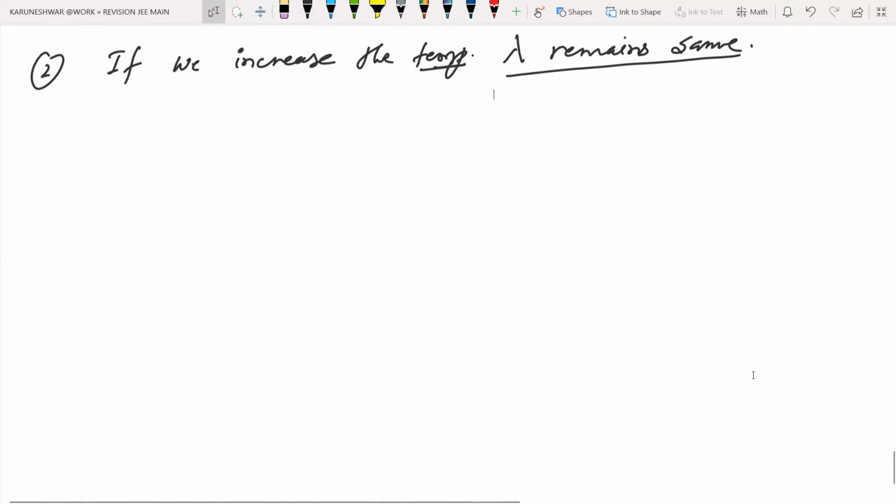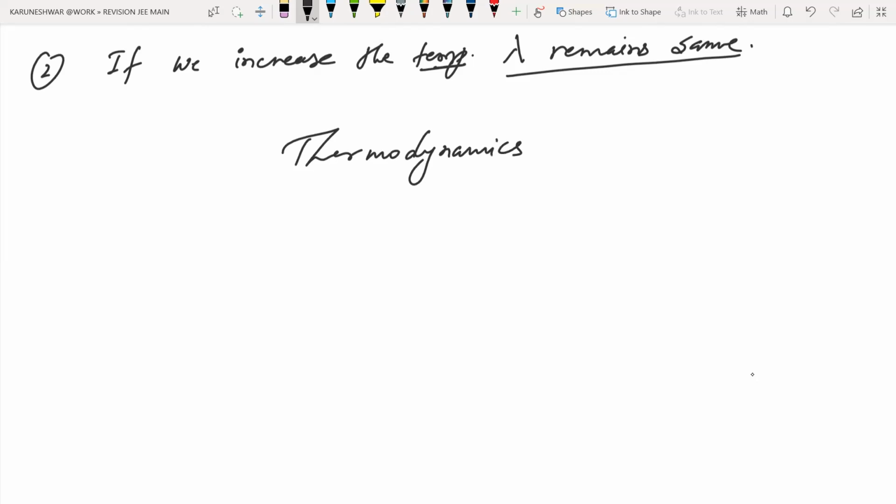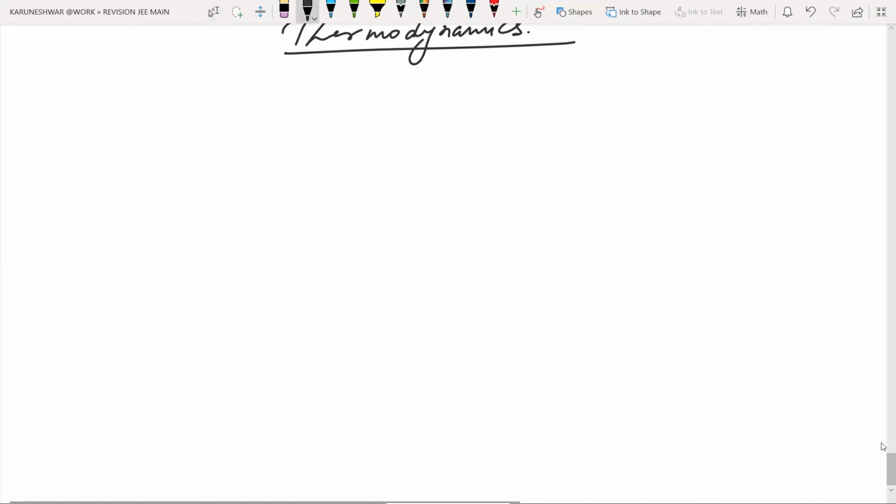Next, we are having the first law of thermodynamics. This is the last chapter of this heat and thermodynamics chapter. In thermodynamics, the zeroth law we have already covered.